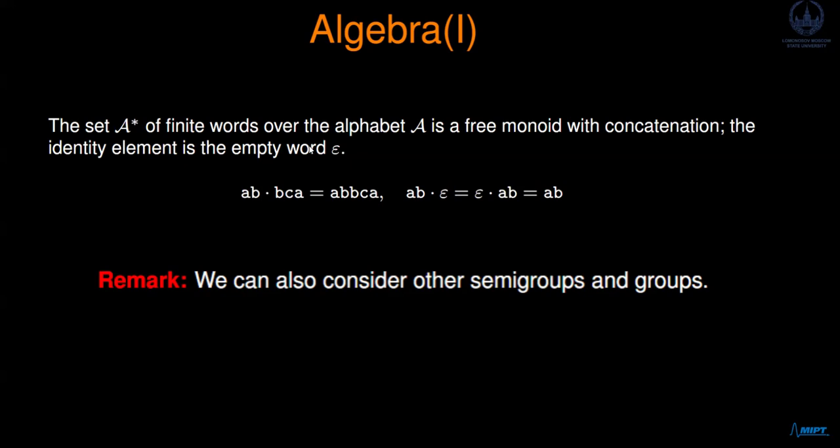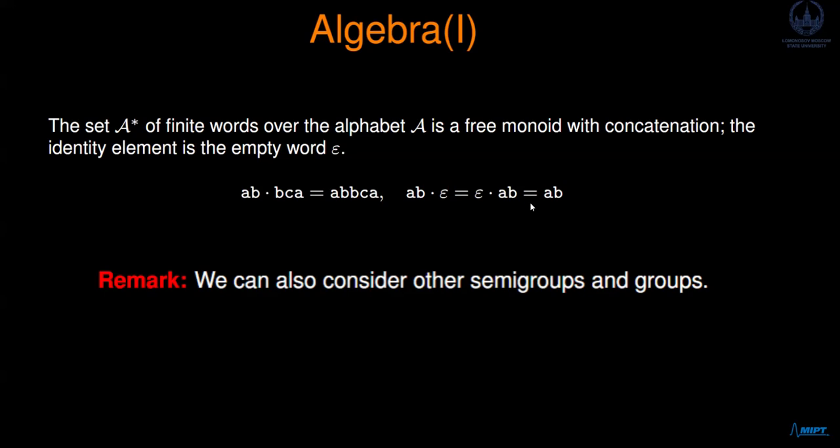This is because when we concatenate any word with the empty word, the word remains unchanged. For example, AB concatenated with epsilon is equal to epsilon concatenated with AB, which is equal to AB. This shows that the empty word acts as a neutral element in the operation.